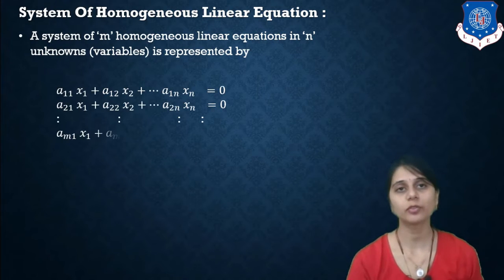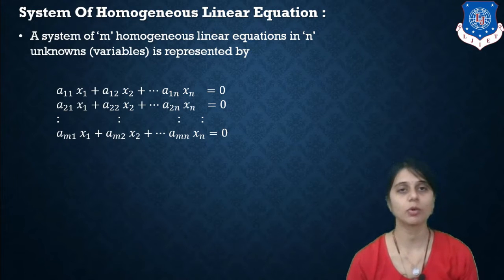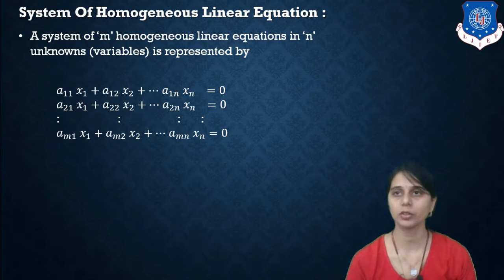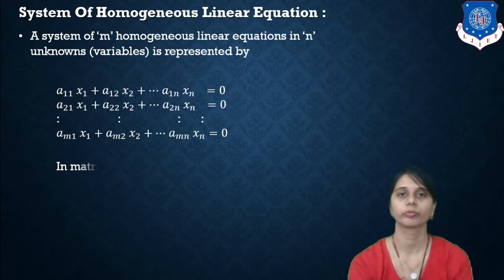We will start from the homogeneous linear equations of matrices. First of all, a system of m homogeneous linear equations in n unknown variables is represented by a11x1 plus a12x2 plus up to a1nxn equal to 0, up to am1x1 plus am2x2 plus up to amnxn equal to 0.